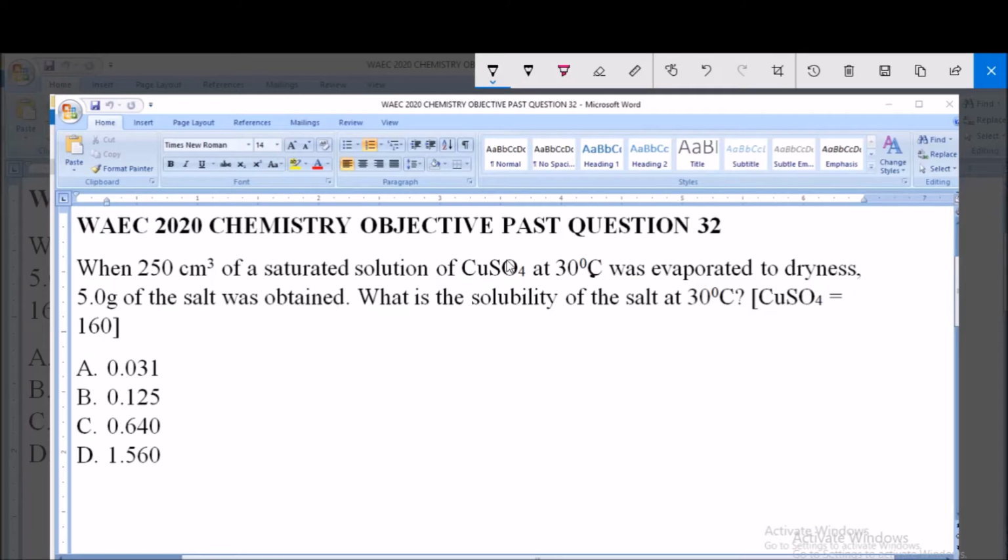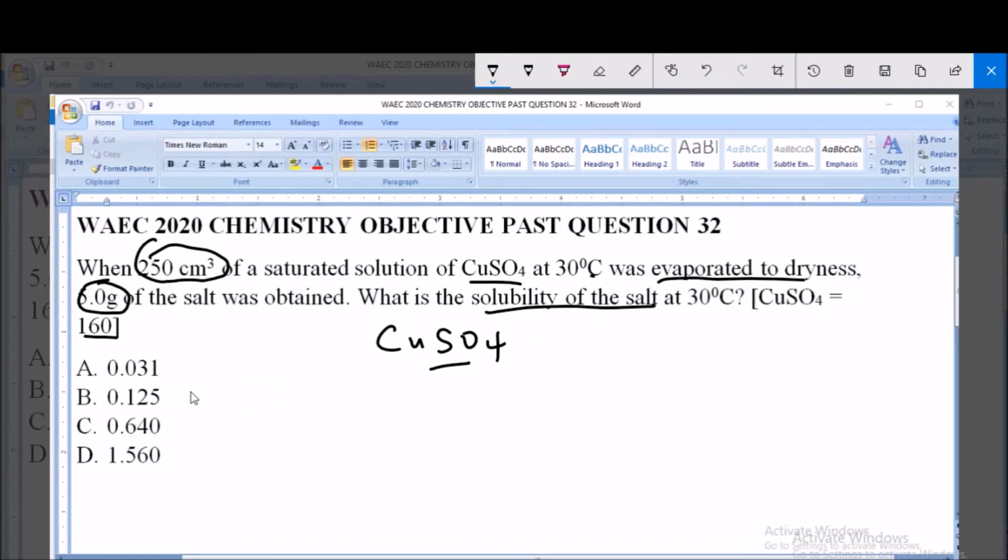So we are looking for the solubility of this salt, copper(II) tetraoxosulfate(VI), and we are given some values which we'll be making use of. We are given the molar mass of the salt, the volume of the solution that was containing the salt, and the mass of the salt that was obtained when it was evaporated to dryness.